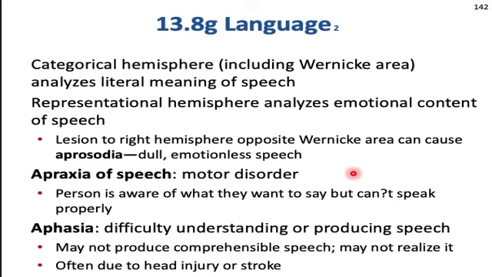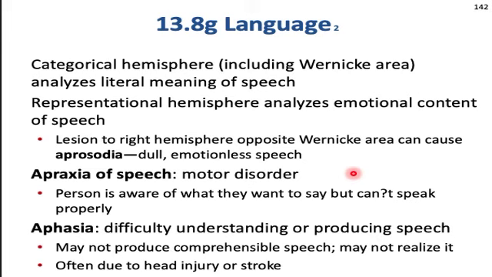It may not produce comprehensible speech, and we may not realize it, and it's often due to head injury or to stroke. So with apraxia and aphasia, what you're looking at is severing of neuronal connections that are critical to producing speech, right? And so we have a problem turning what we want to say into action, okay?